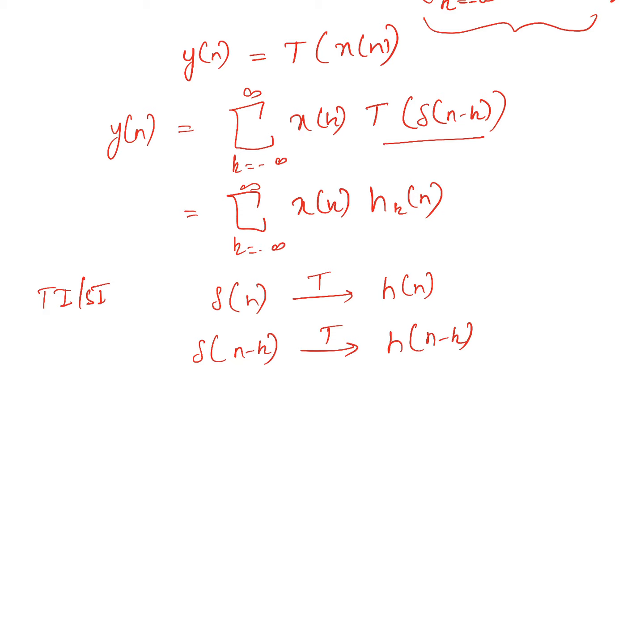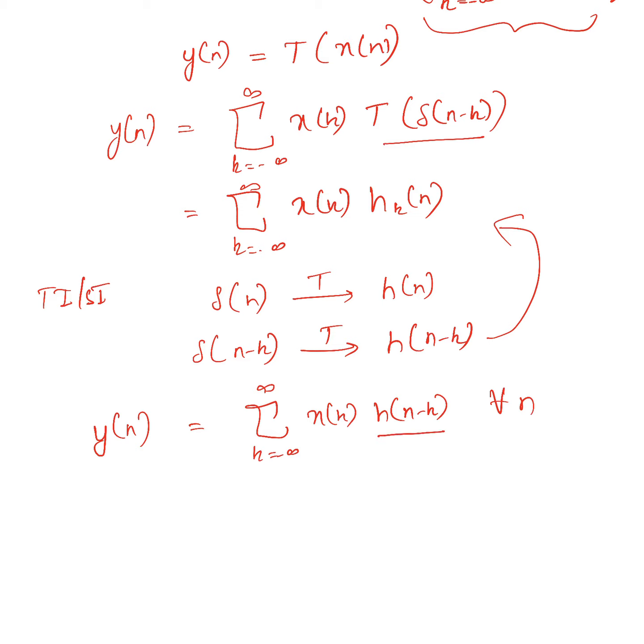So applying this shift invariance, I can simplify y of n as the summation over k from minus infinity to infinity of x of k h of n minus k, for all values of n. Again, this is the complete representation of computing the response given an arbitrary sequence. When this arbitrary sequence x of n is applied to the system whose impulse response is h, I can compute y.